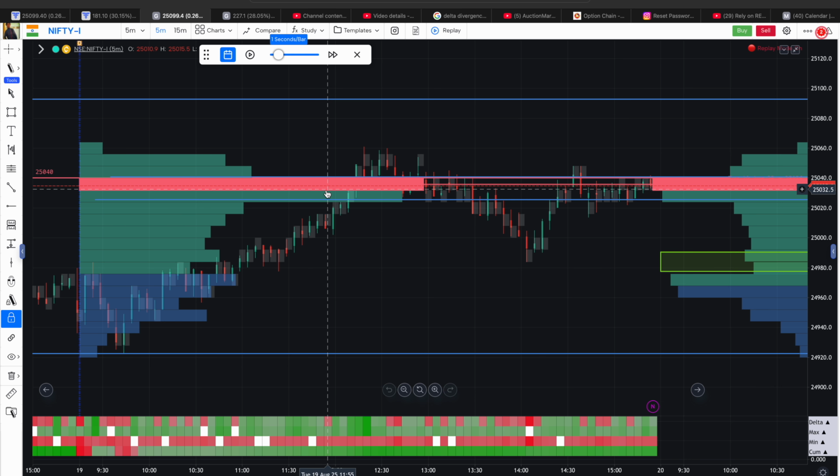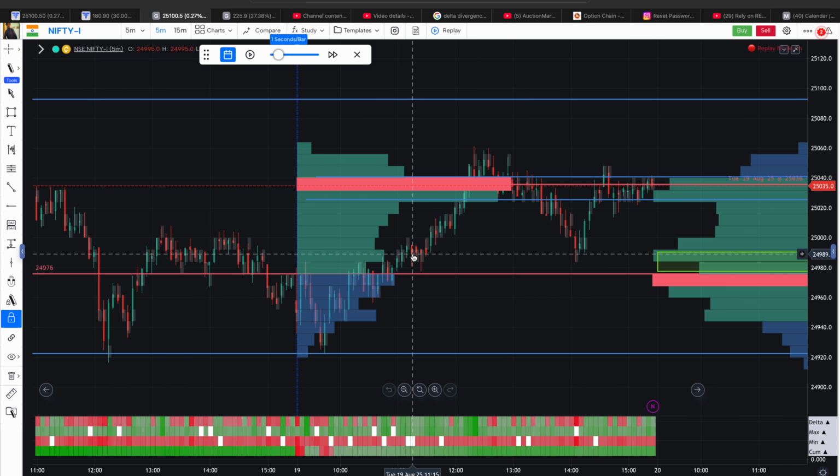This red color, whatever you see, we call it a point of control or a week off zone. This particular region we have already marked. The range is 25,040 and 25,025. This was the crucial range because the market held it for a very long period. That's the reason this particular area has been highlighted.